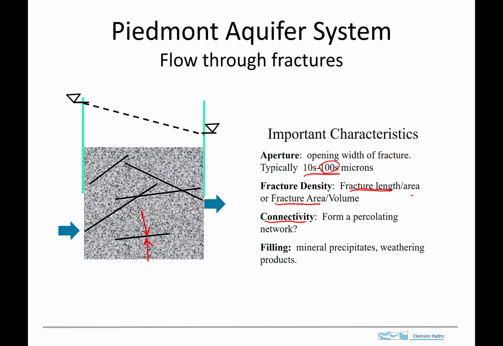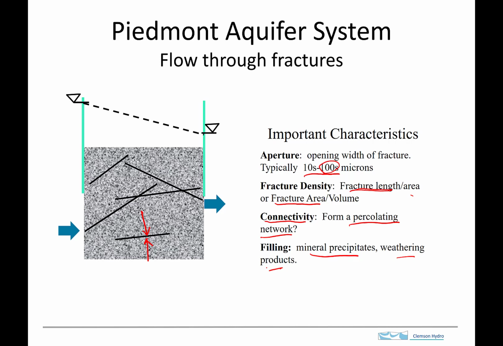And the key thing is whether there's a connected pathway that forms what's called a percolating network. So a percolating network is an interconnected network of fractures that is sufficiently interconnected to allow water to percolate through it. And also the mineral precipitates in the fractures and weathering products will be important because those will tend to plug up the fractures and reduce the permeability.